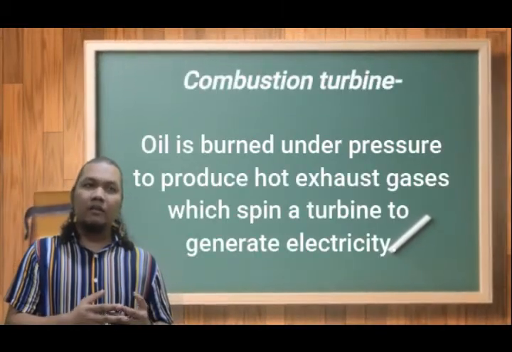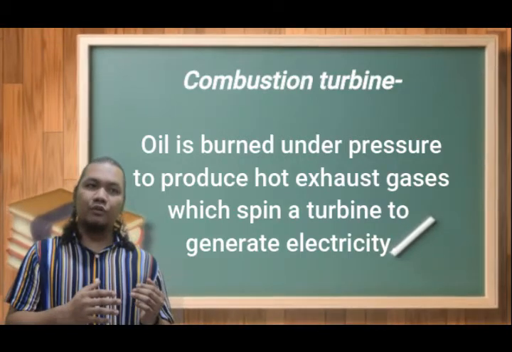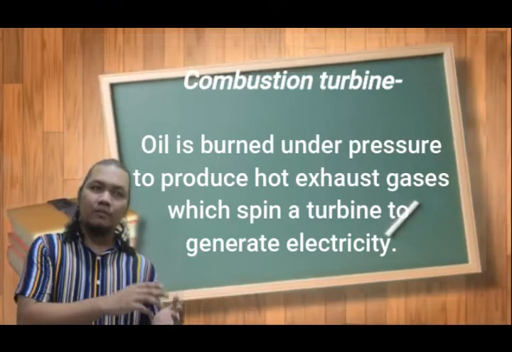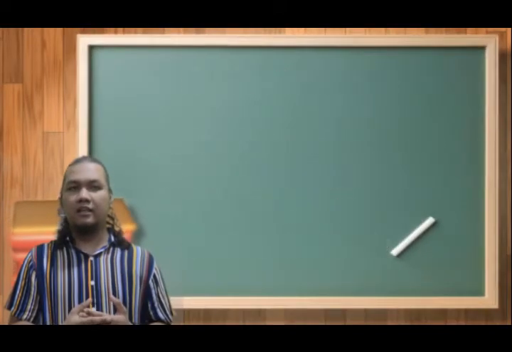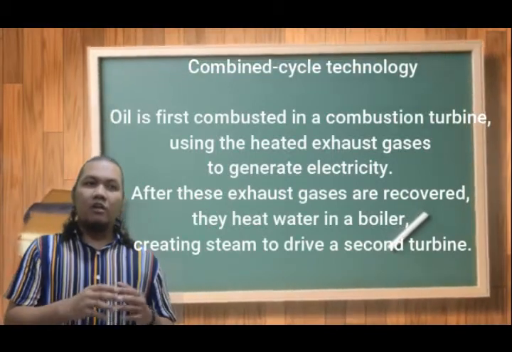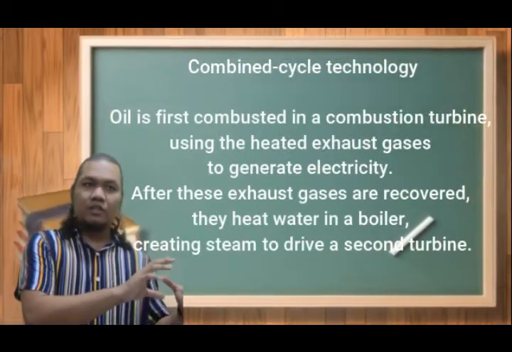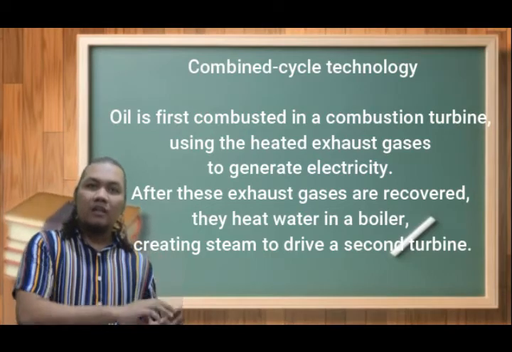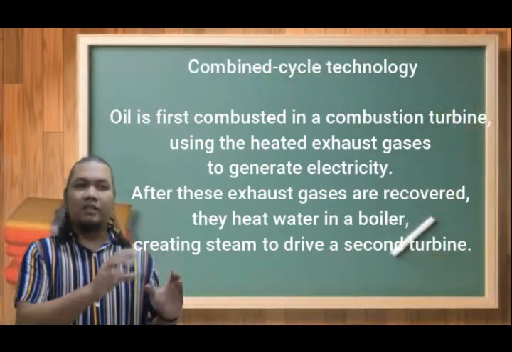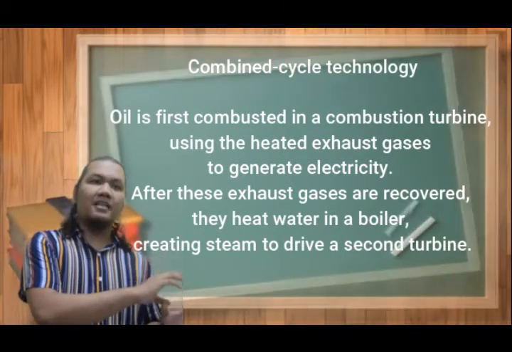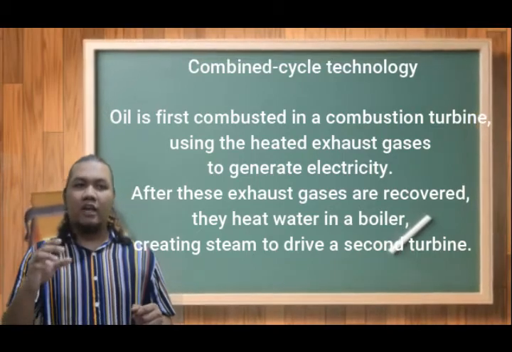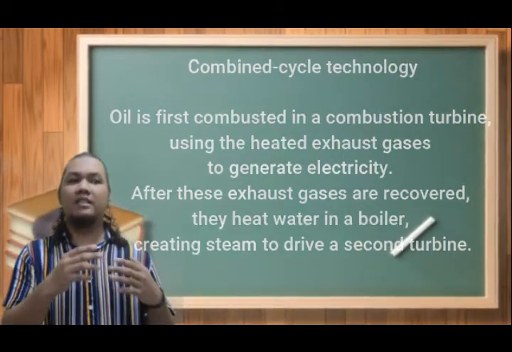In combustion turbine, oil is burned under pressure to produce hot exhaust gases which spin a turbine to generate electricity. While in combined cycle technology, oil is first combusted in a combustion turbine, using the hot exhaust gases to generate electricity. After these exhaust gases are recovered, they heat water in a boiler, creating steam to drive a second turbine.